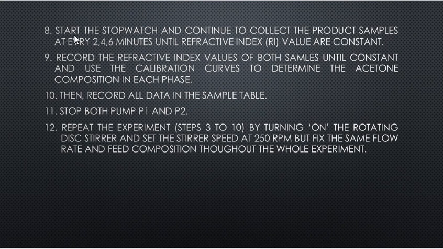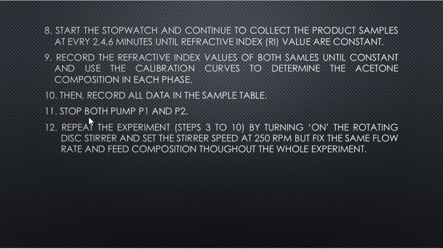Number 8, we start the stopwatch and continue to collect the product samples every 2, 4, 6 minutes until the refractive index, RI, values are constant. Next, we record the refractive index values of both samples until constant and use the calibration curves to determine the acetone composition in each phase. Then we record all the data in the sample table.